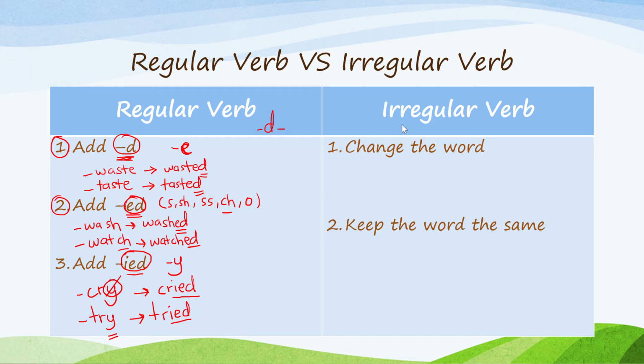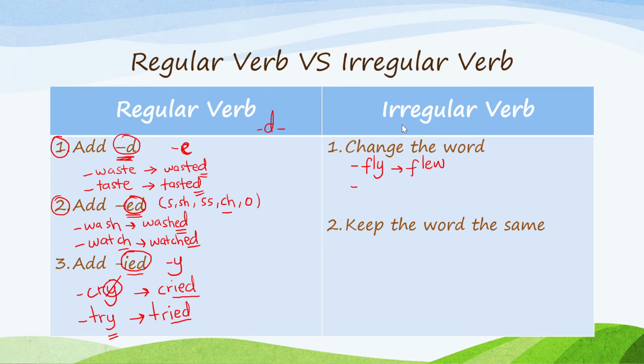Different from regular verb, irregular verb have two sets of rules. The first rule is change the word, tukar perkataan. For example, fly, terbang. Okay, it will change into flew.